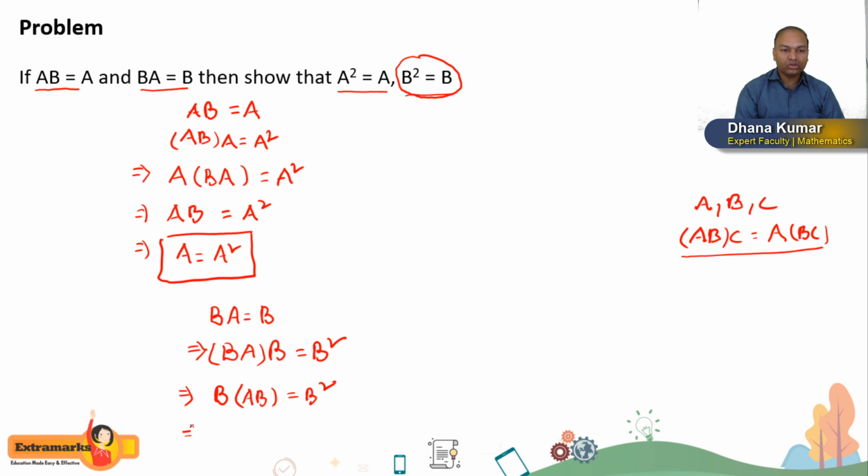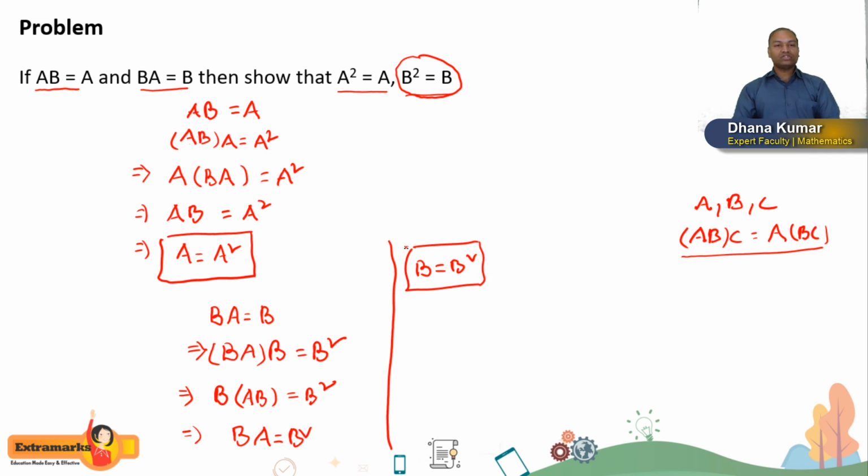But AB is equal to what? Using the first condition, A. So BA is equal to B square. But what about BA? B. So B is equal to B square. Hence proved the second condition also. Understood? So A square is equal to A and B square is equal to B. Observe that the procedure is the same. Clear? Right. Let us come to the next question.